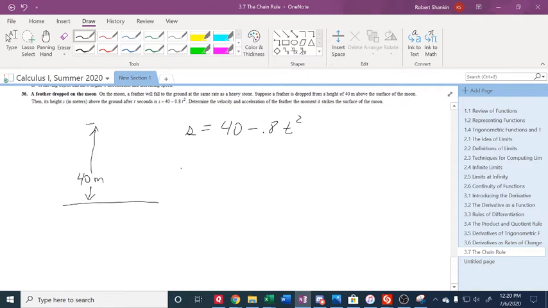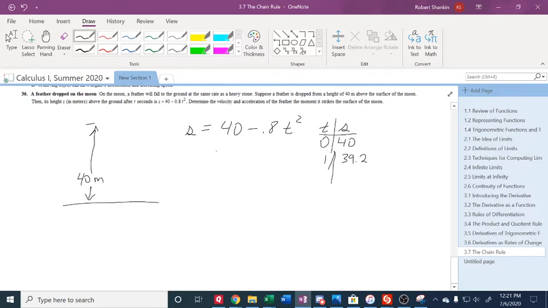All right, and notice if I made a little table of values. If I put 0 in here, I'm going to get 40, meaning I start out at the height of 40 meters. And as t goes up, this number comes down. It's 39.2. As t gets higher and higher, this number gets lower and lower.